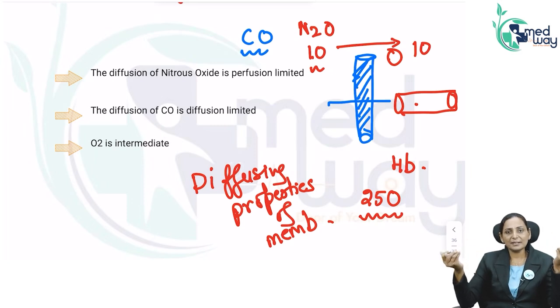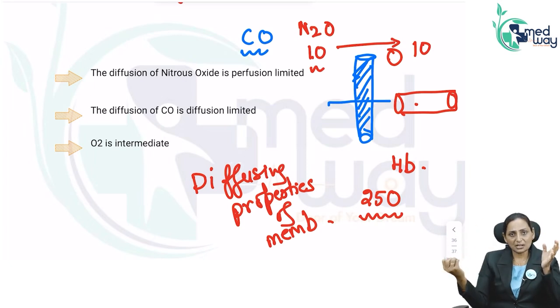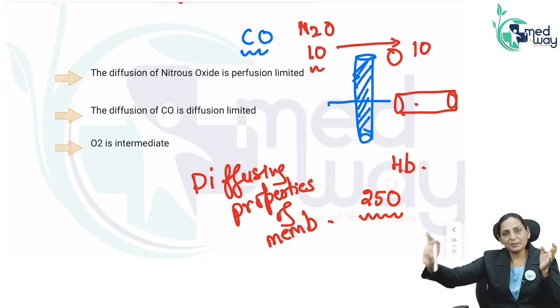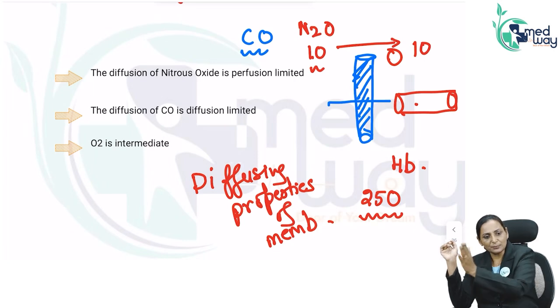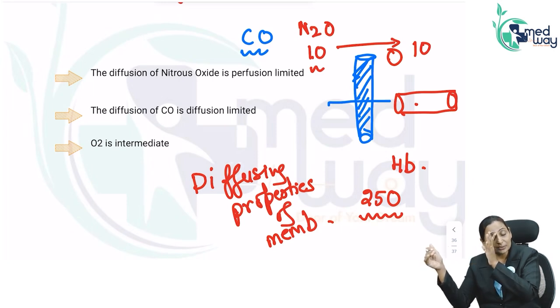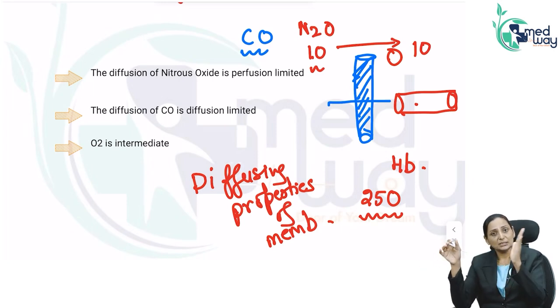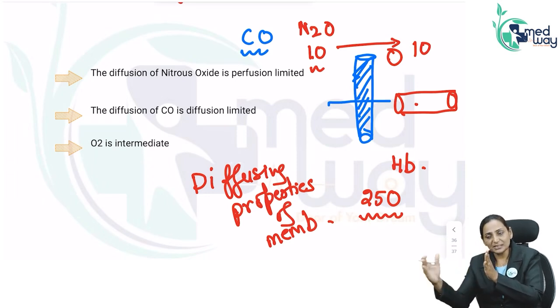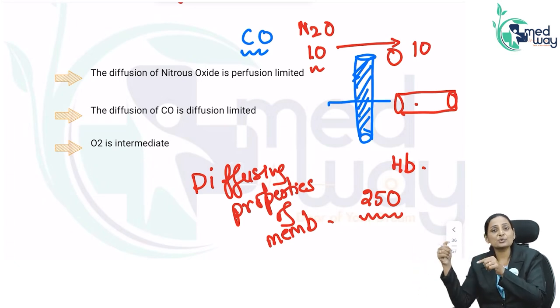Because it is not taken up by hemoglobin. If you want more nitrous oxide to come, you have to move the blood ahead so the old blood goes and new blood arrives. That means continuously increasing the perfusion, or blood flow. Only if you increase the flow of blood will the diffusion increase.